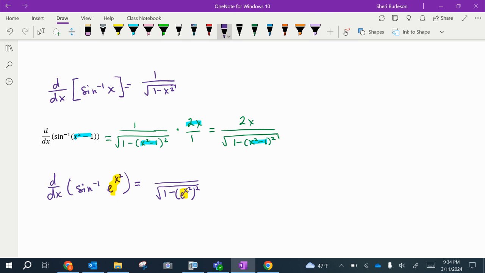So instead of writing the chain rule multiplied and rewriting the fraction, I'm just going to put the derivative in the numerator. The derivative of e to the x squared is e to the x squared times the derivative of the inner function, the derivative of x squared, which is 2x.